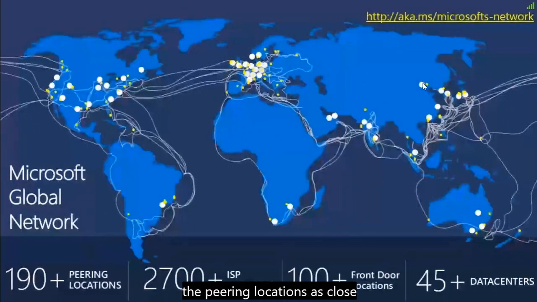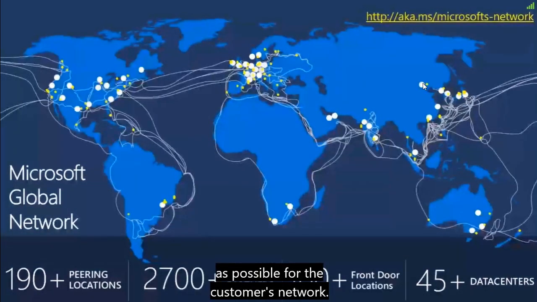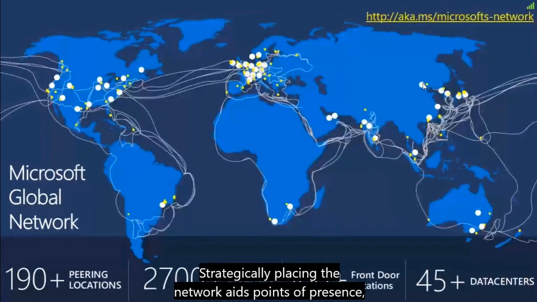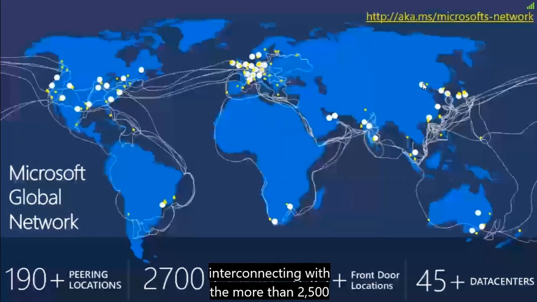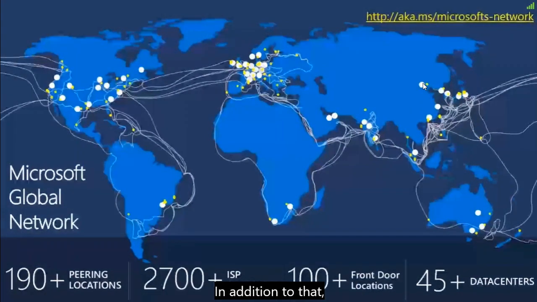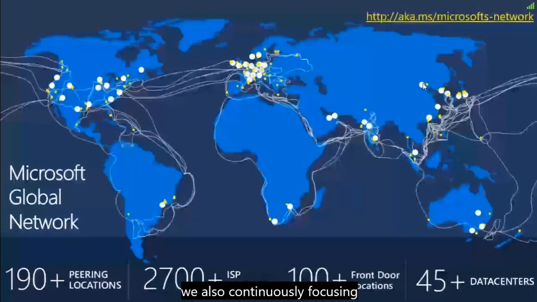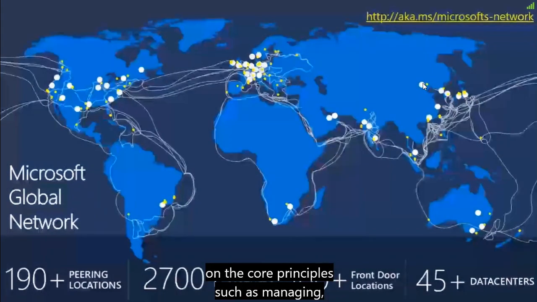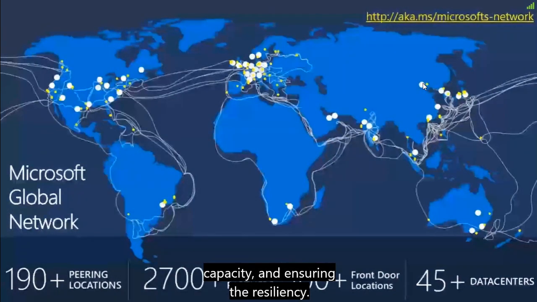We are continuously working on getting the peering locations as close as possible to the customer's network, strategically placing the network edge points of presence, interconnecting with more than 2,500 ISPs and partners over 190 locations. In addition to that, we are also continuously focusing on core principles such as managing capacity and ensuring resiliency.